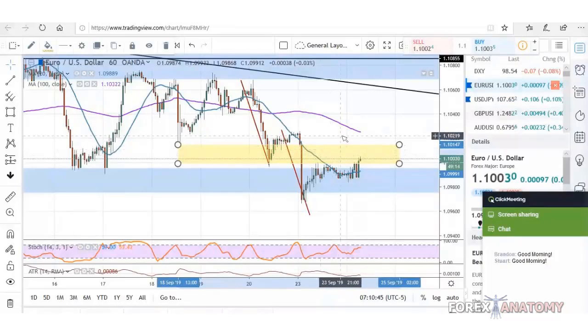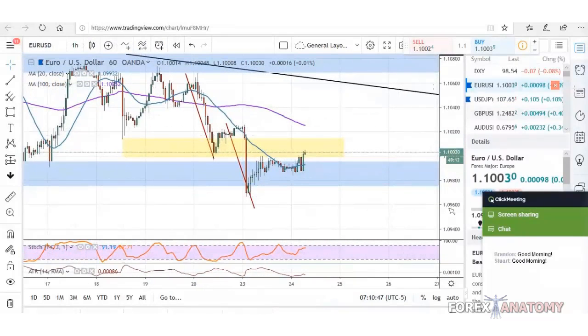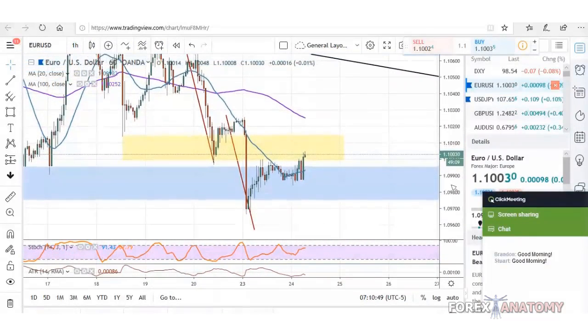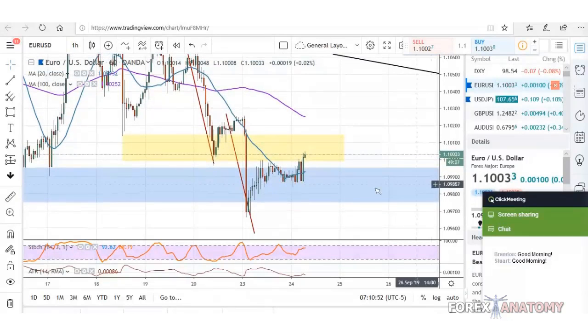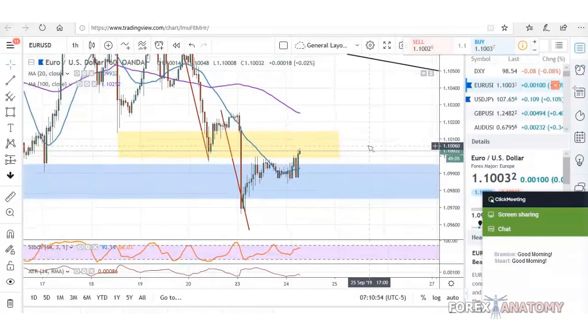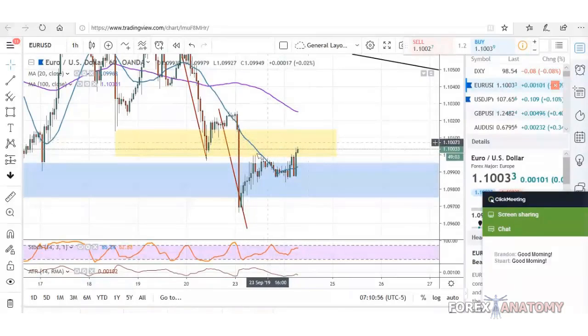We define this zone where we're expecting price to eventually reverse and for the sellers to eventually take control. But what we're going to do is look for bearish confirmation in this zone. We're going to look for an opportunity to short.